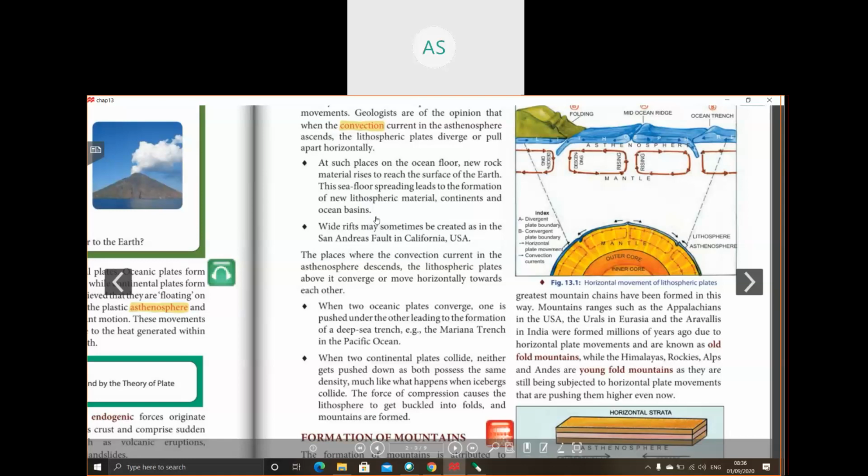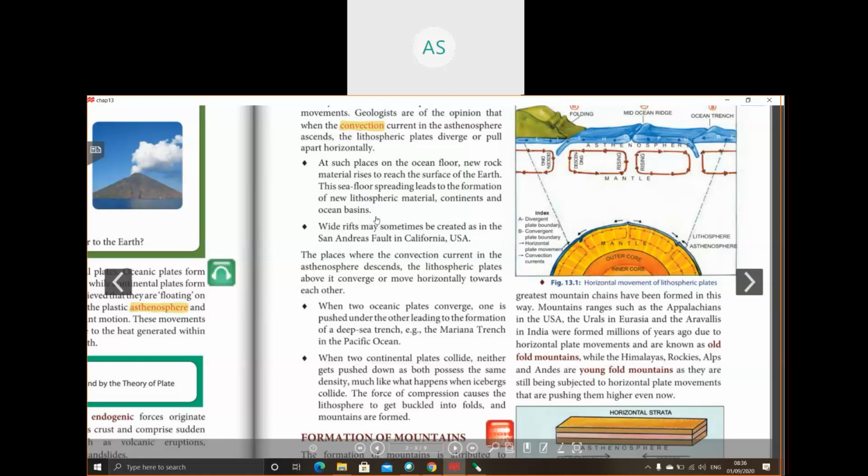This seafloor spreading leads to the formation of new lithospheric material, continents and ocean basins. Wide rifts may sometimes be created, as in the San Andreas Fault in California, USA. Okay, this is basically the formation of rocks, how they form, how the ocean floor is formed. This seafloor spreading leads to the formation of new lithospheric matter.